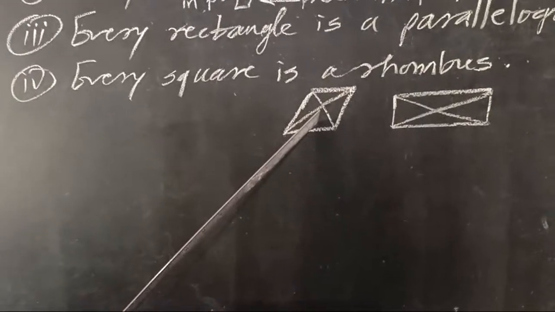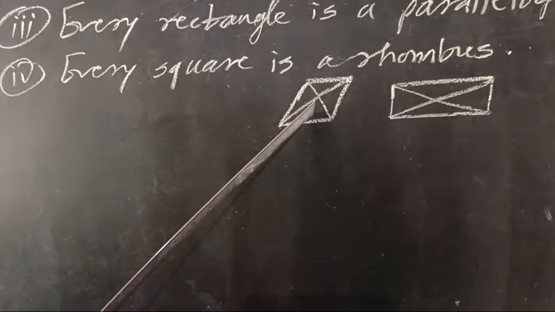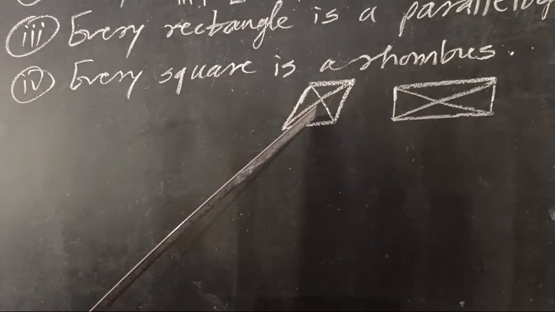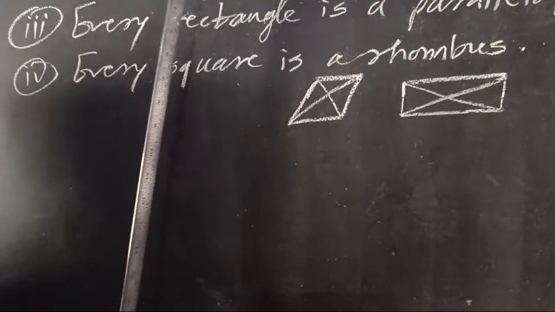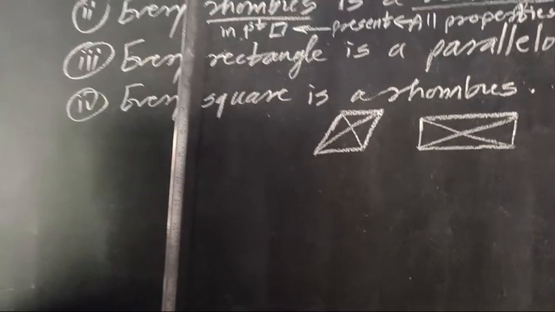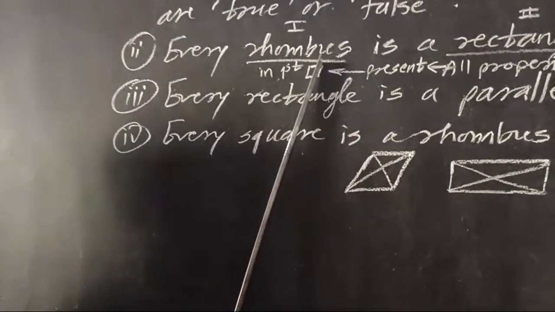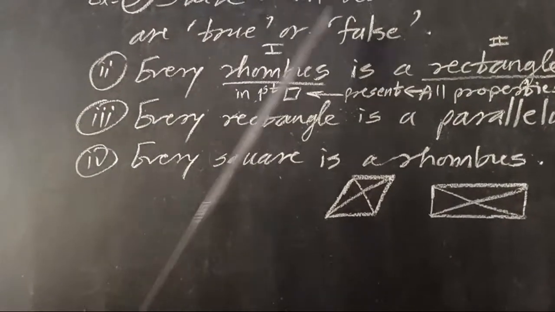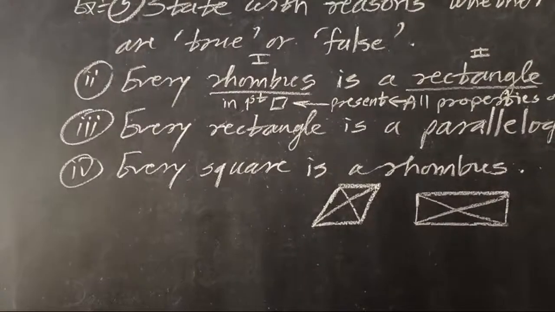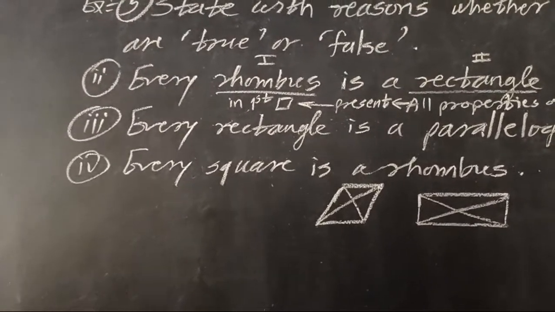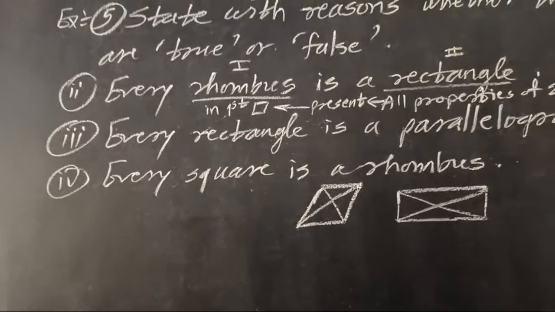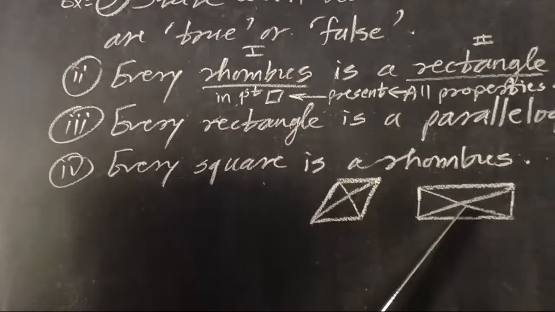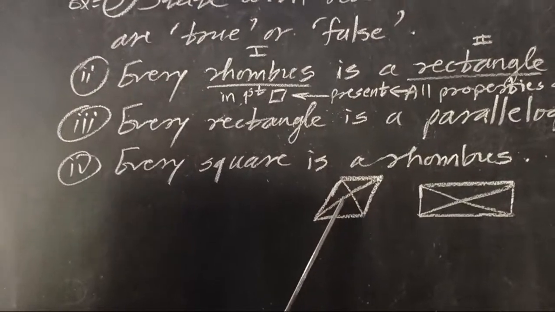Therefore, this statement is asking a question, true or false. This statement is false because the third property we can't get in the first.